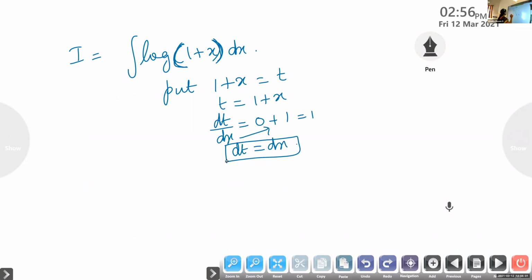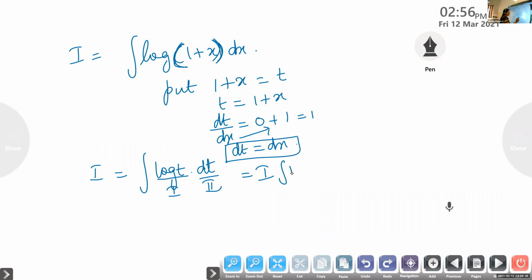So the given problem will become integral of log of 1 plus x, that is t, into dt, log t into dt. Now use integration by parts. This is our first function. dt is our second function. What is the rule?